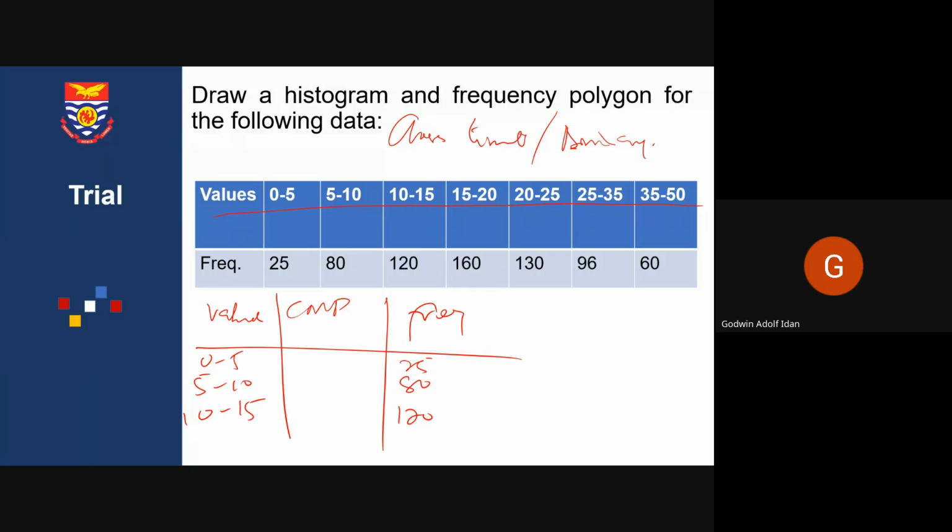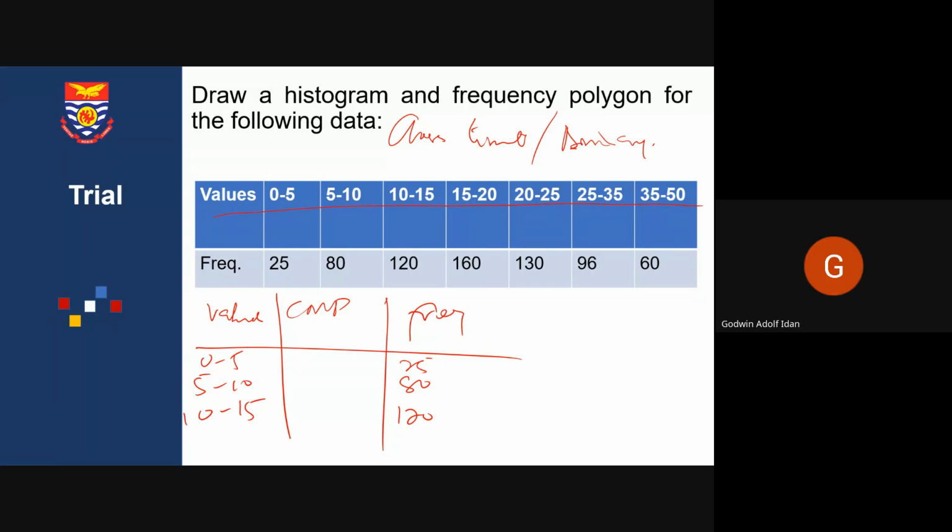Okay. Then Juliana, you came in. Yeah, so it's a class boundary. Why? Because when you look at the values, 0 to 5, and then from 5 to 10, 10 to 15, you can see that for the boundary, you start from one point, then from the same point you go to the other. So that's the class boundary.